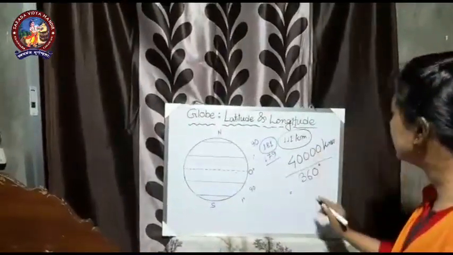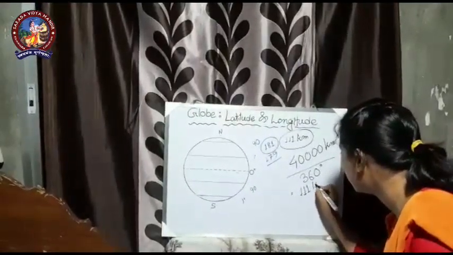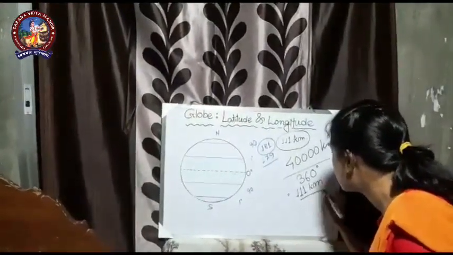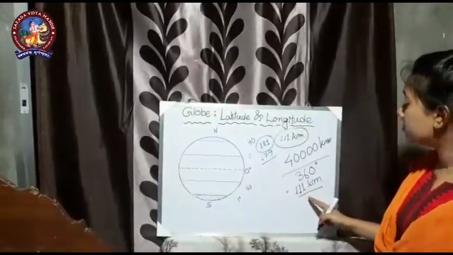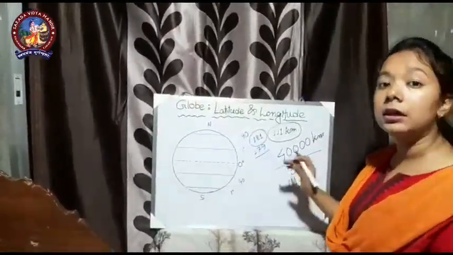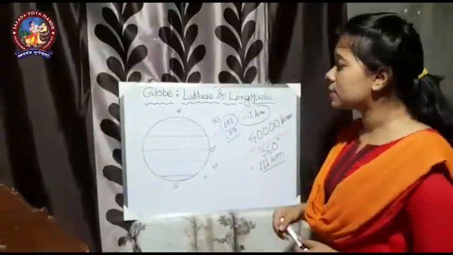So if you divide this, we will get approx 111 kilometer. So we can easily say 1 degree represents 111 kilometer on the Earth's surface. These were some of the characteristics of latitude.